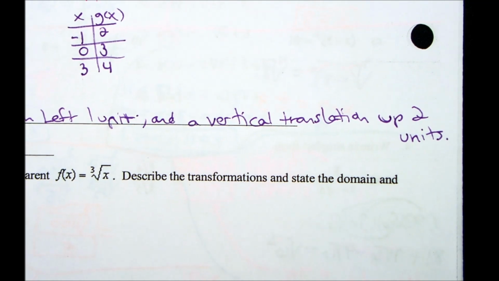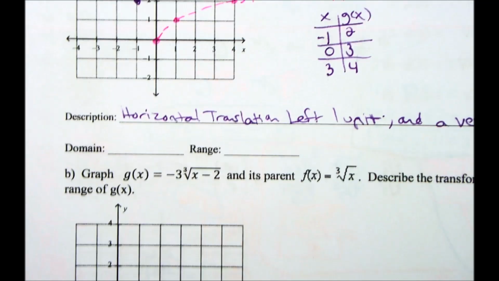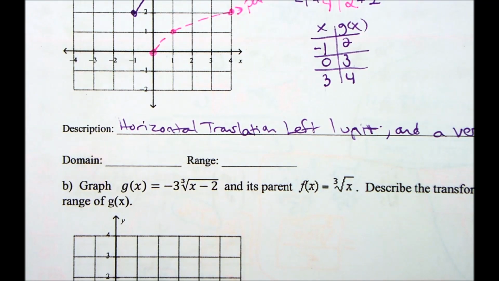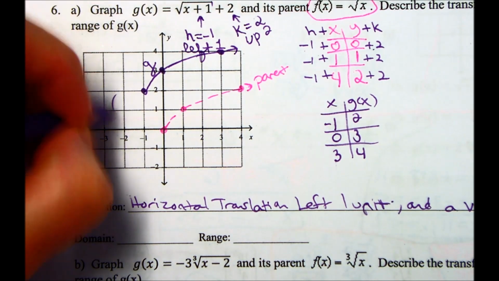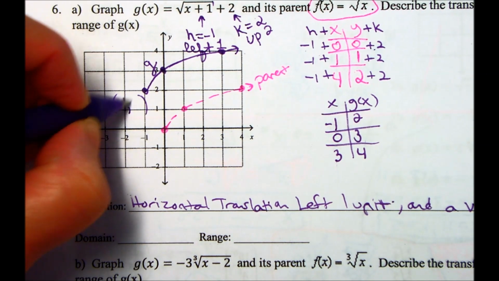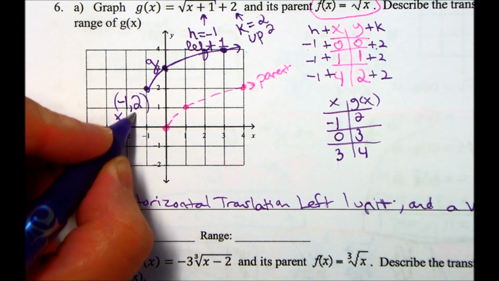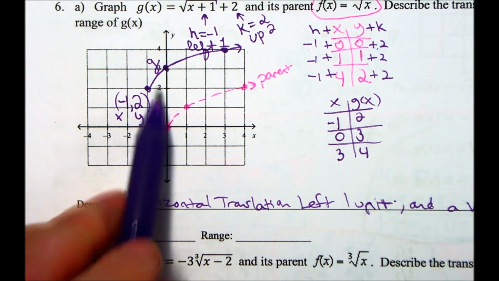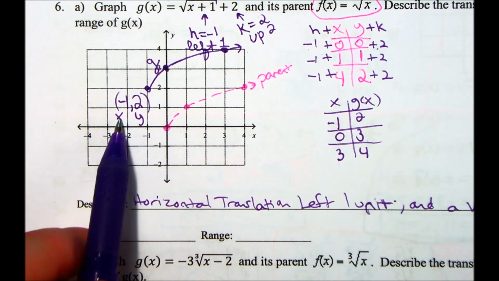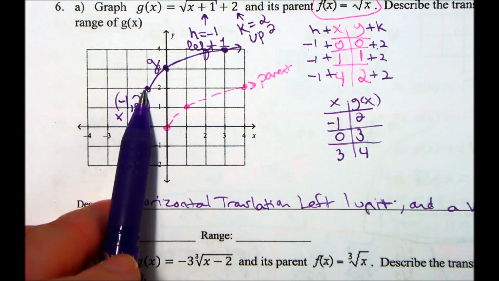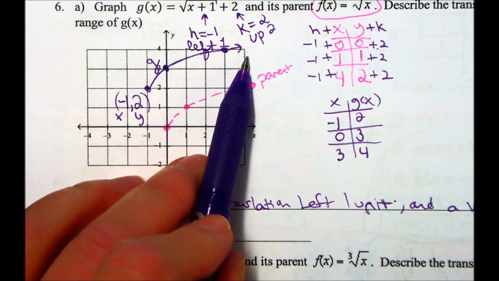Okay, so now domain and range. So domain is your x values or your input values. Range is your y values. So if we look at our starting point, which is our h, k, -1, 2, the -1 is your x coordinate, the 2 is your y coordinate. So this starting point is the point that's the farthest to the left. So the smallest number that we can substitute for x is -1. And then the graph keeps going to the right forever and ever.